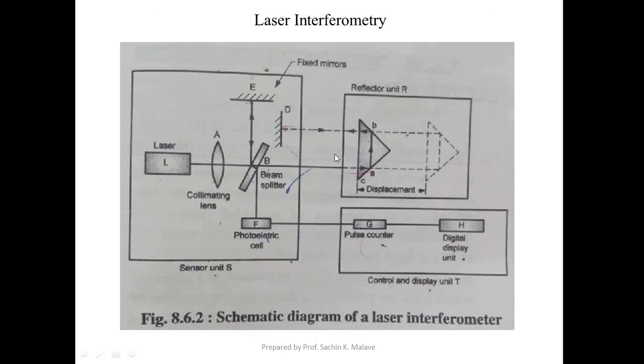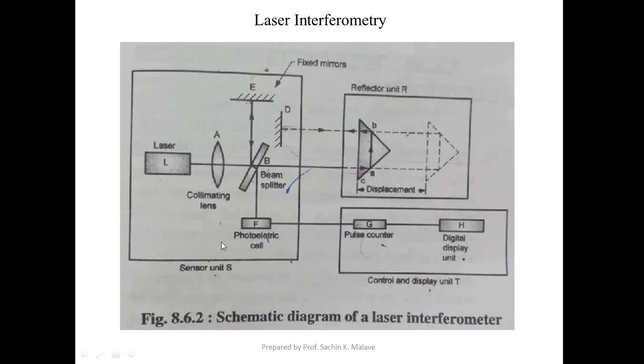Then there are fixed mirrors, mirror D and mirror E. And a photoelectric cell is there, called F. So all these things: laser, collimating lens, beam splitter, mirrors D and E, and the photoelectric cell are included in the sensor unit, that is unit number 1.